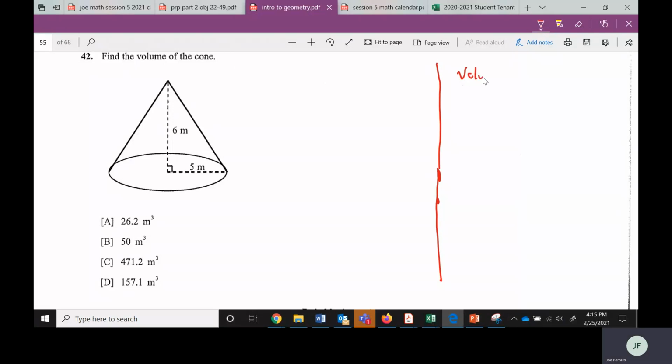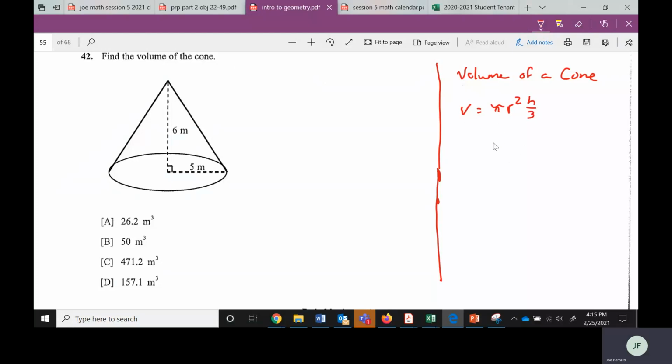So volume of a cone. So volume is going to equal, it starts out the same, pi r squared, and then instead of times h, it's going to be times h over 3.